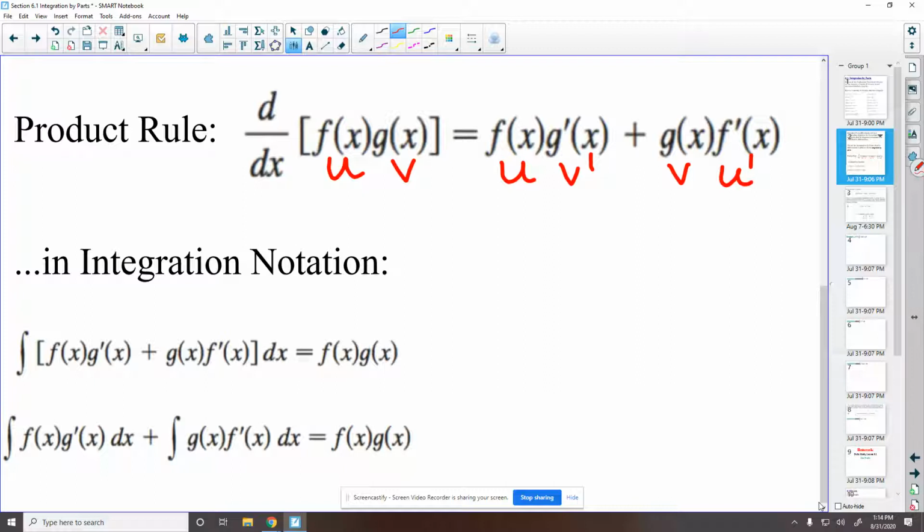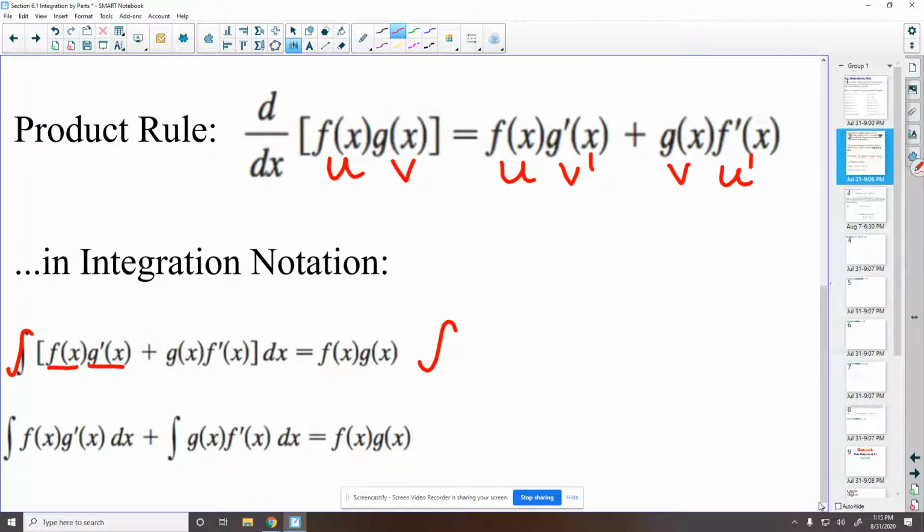Now, if I want to undo this, I would need to integrate, right? So I'm going to put an integration symbol here, and I'm going to integrate the right side. And I should end up with f of x times g of x. I'm going to write it in a different way in terms of u and v. So this would also be the same as f is u, and g prime is v prime, or we could call it dv.